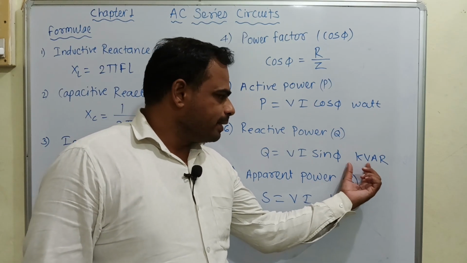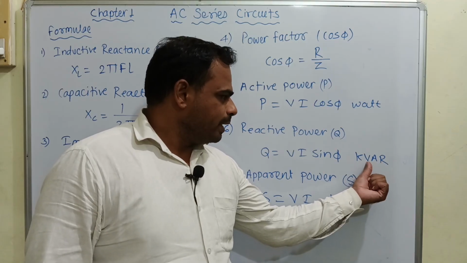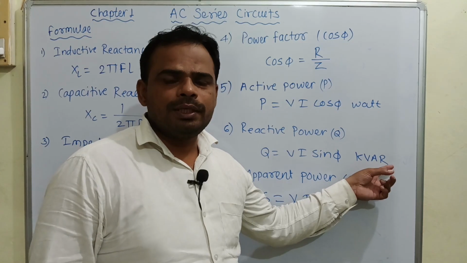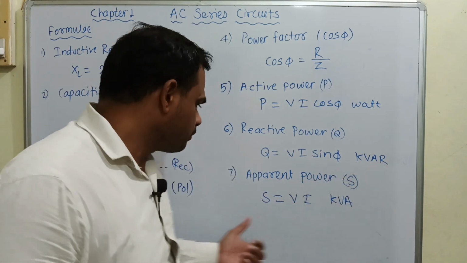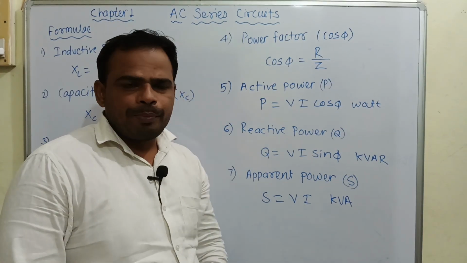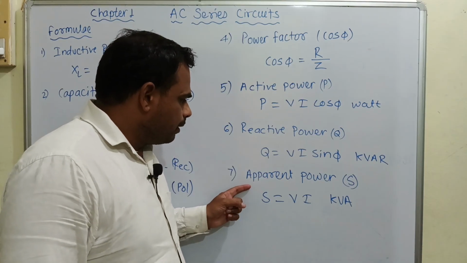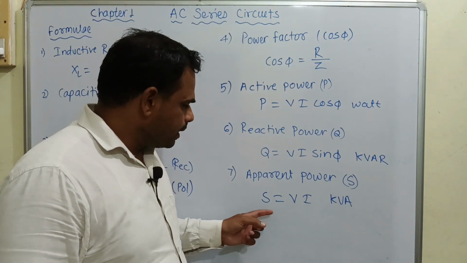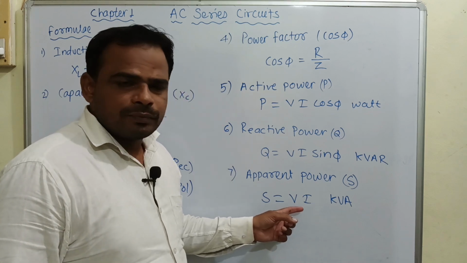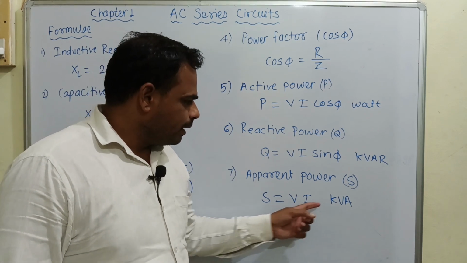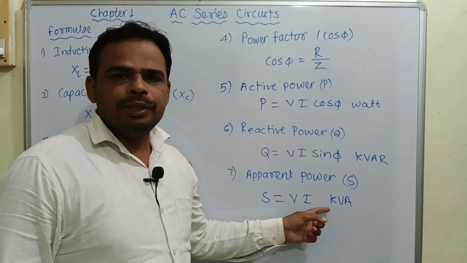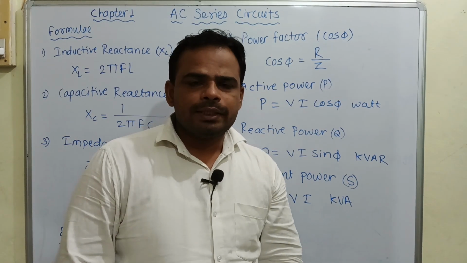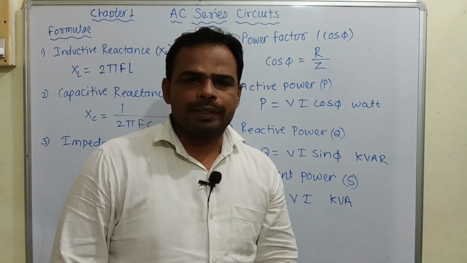Here k means kilo, V for voltage and A for current, and R denotes the reactive power. After that, the next type of power is apparent power. It is denoted by letter S, and the formula for apparent power is S is equal to V into I, and the unit of this power is VA, kVA, MVA. Transformer is designed in this apparent power.